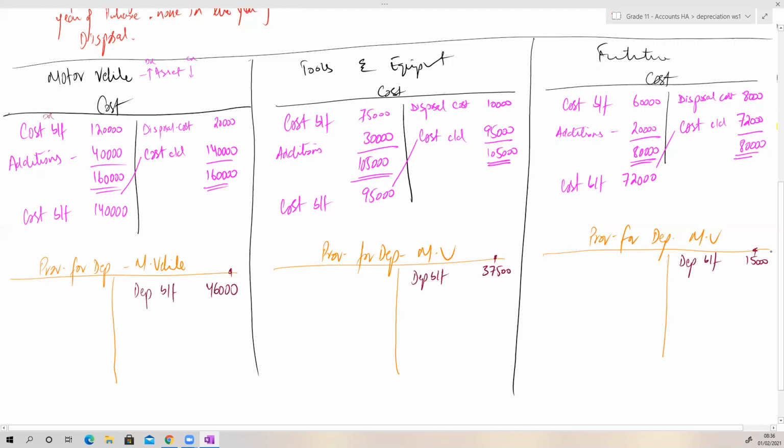अब आप मुझे बताएं, जब एक एसेट सेल हुआ तो उसकी डेप्रिसिएशन इसमें फर्दर ऐड होगी या इससे निकालेंगे हम? When you have sold an asset, would you be taking depreciation out of this total of the asset sold, or you will be adding it into this value?